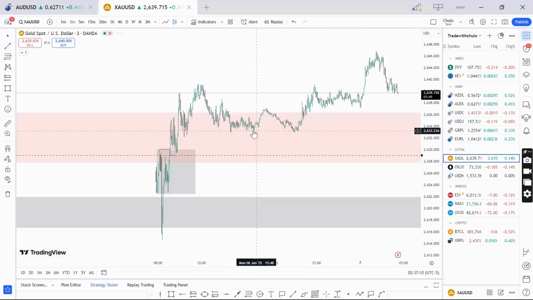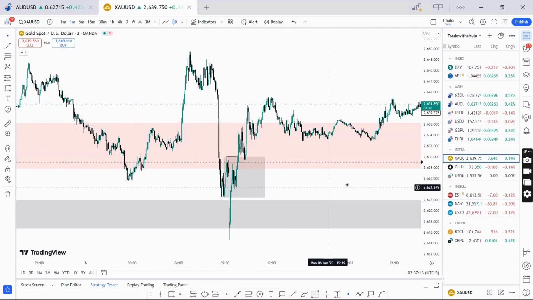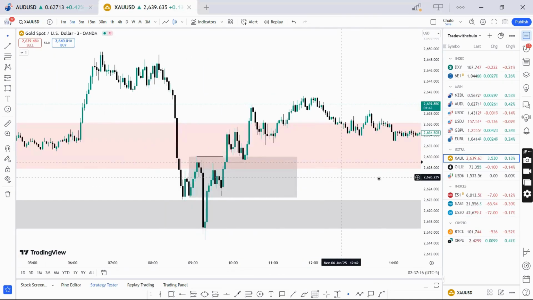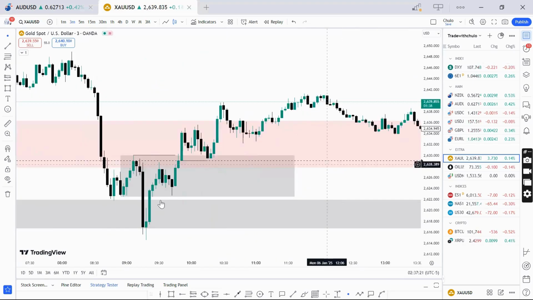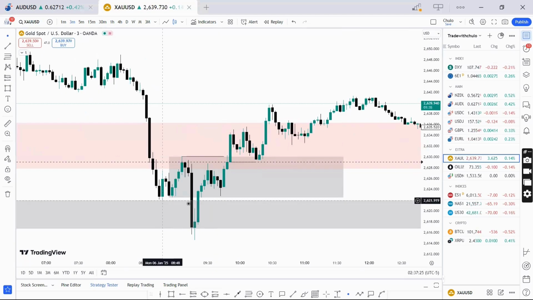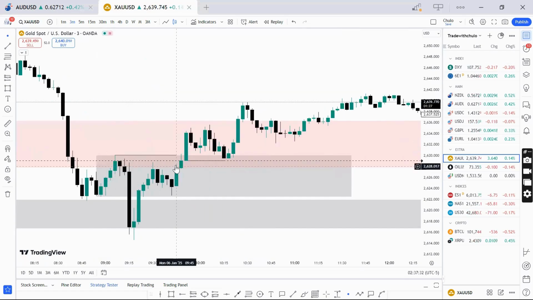So coming down to the 3 minutes time frame, this was yesterday. Now I have this lower time frame liquidity grab, and I have this structure shift, right?